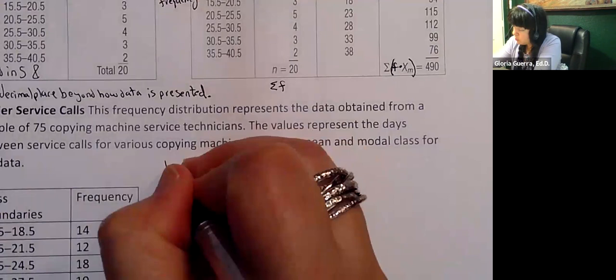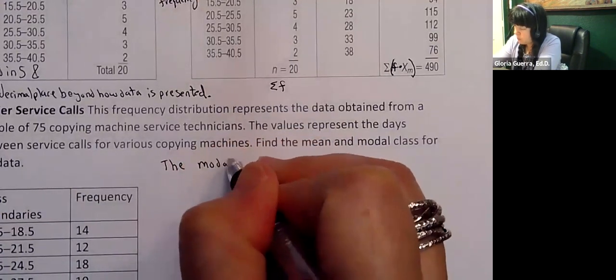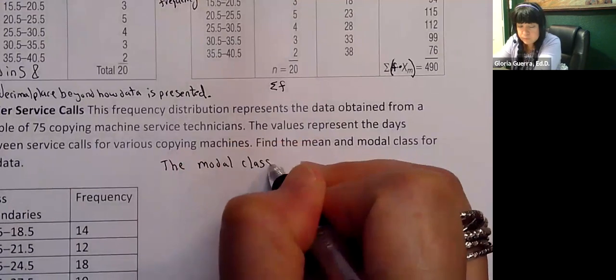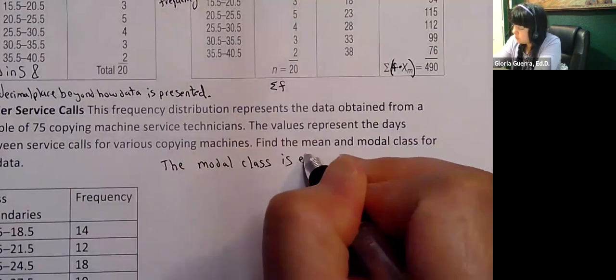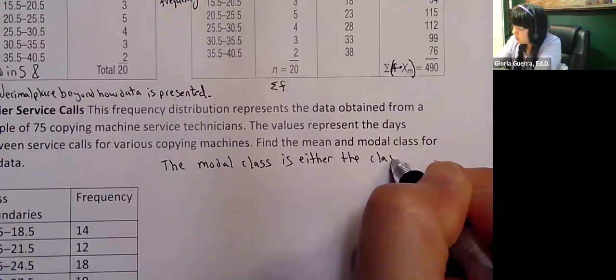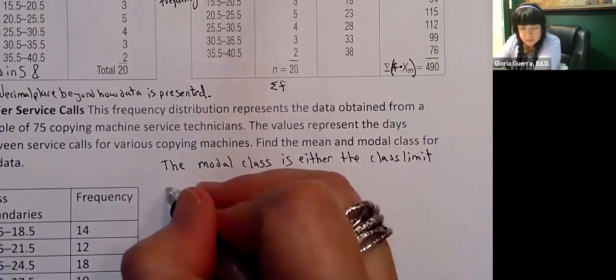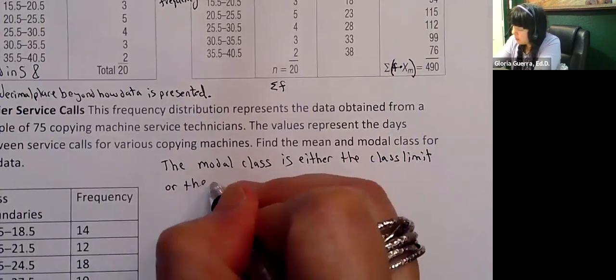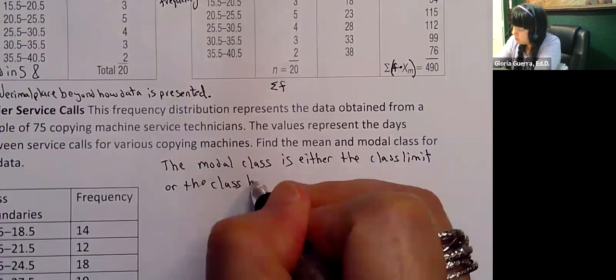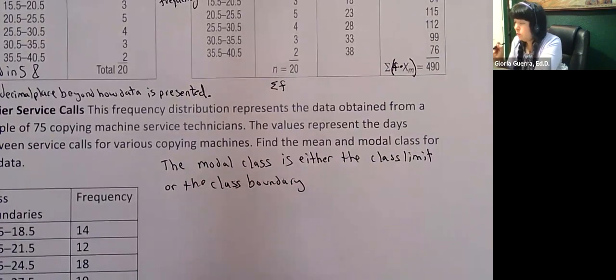The modal class is either going to be the class limit or it's going to be the class boundary, because they usually don't give you both.